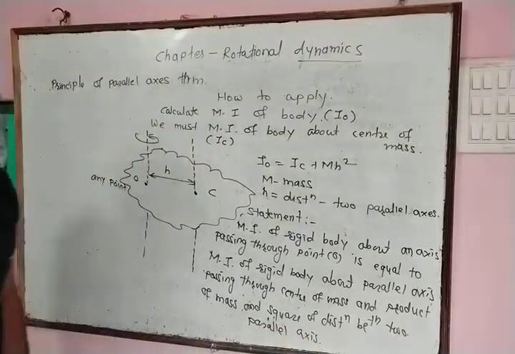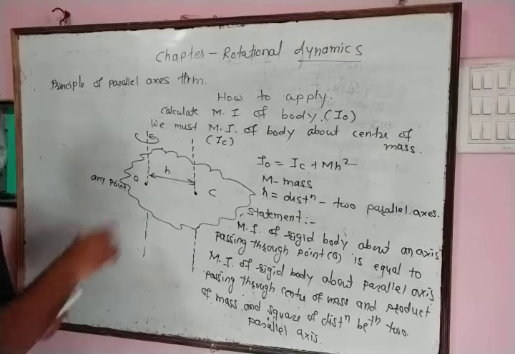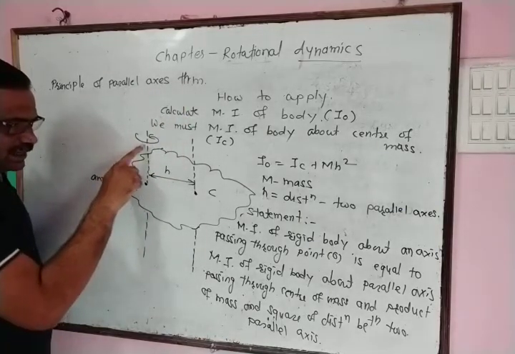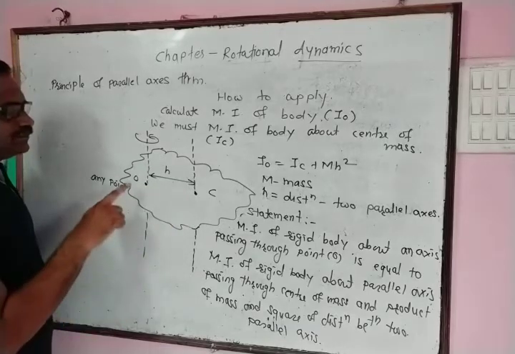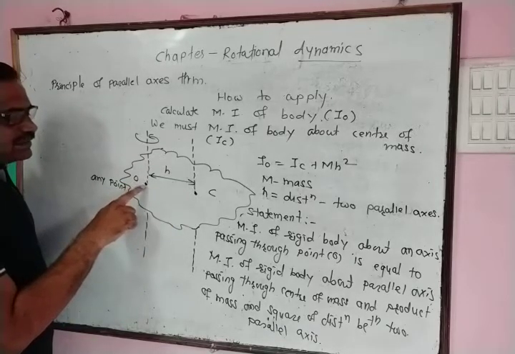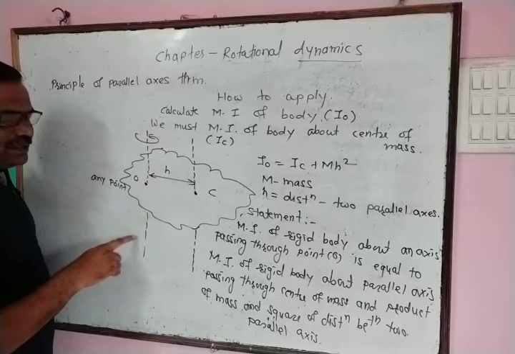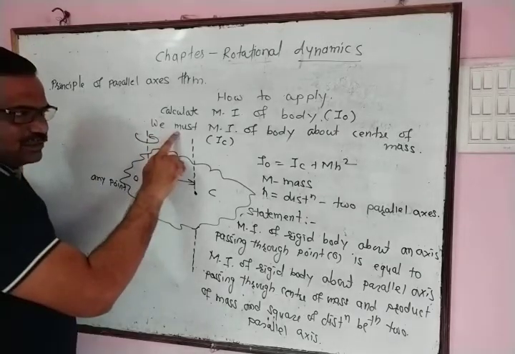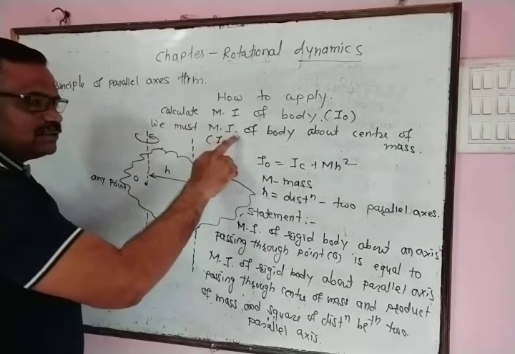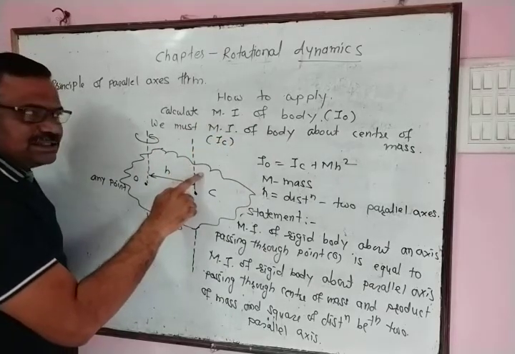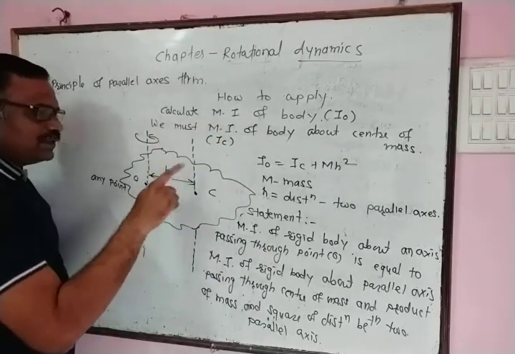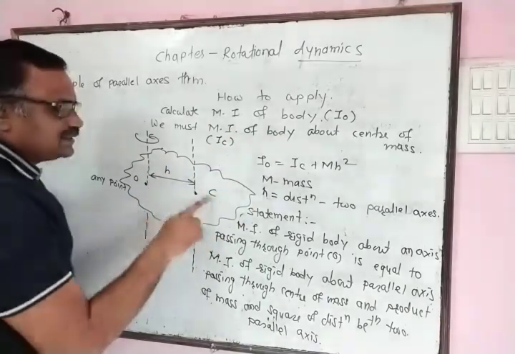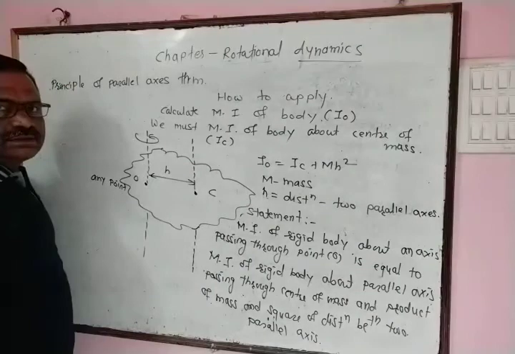Once again, by using this principle, we can calculate MI of this body about an axis passing through any point O. To calculate that, we must know moment of inertia of this rigid body about an axis passing through center of mass.